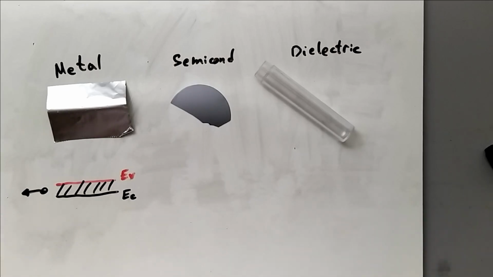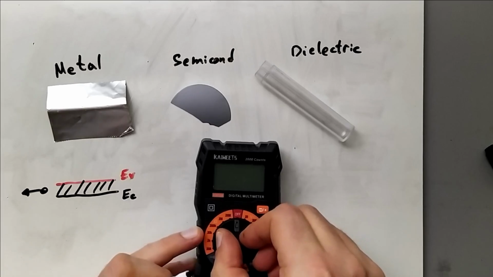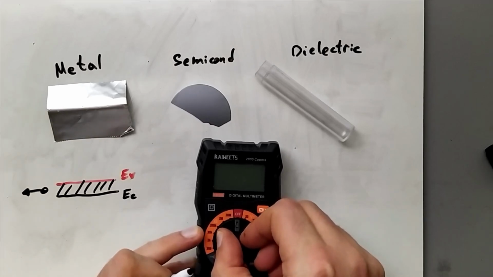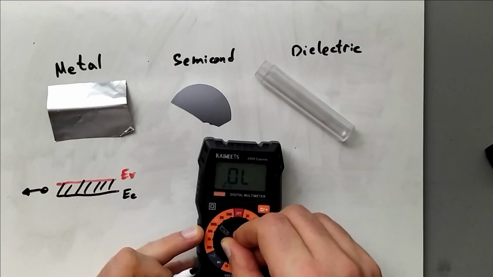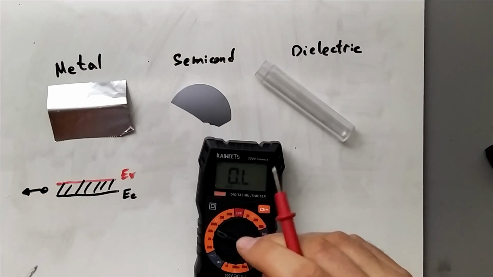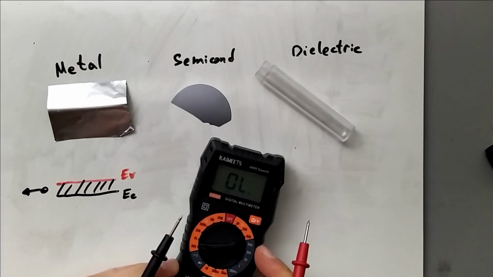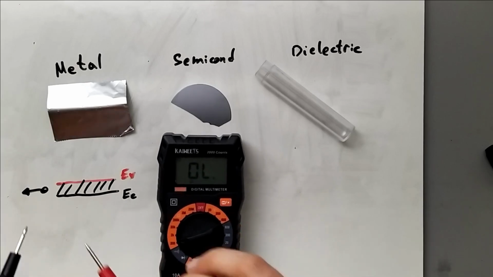In order to demonstrate this, we can do some measurement with a multimeter. Let's go to the lowest range here, which is 200 ohm.